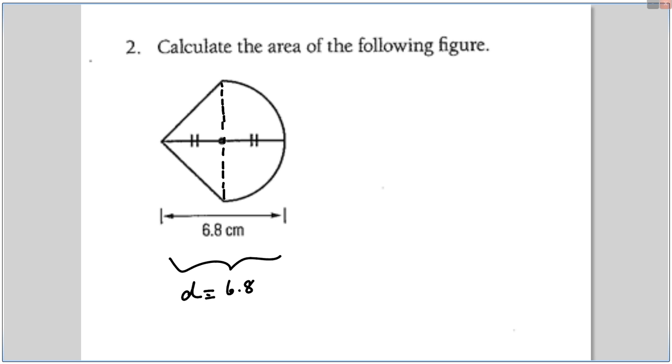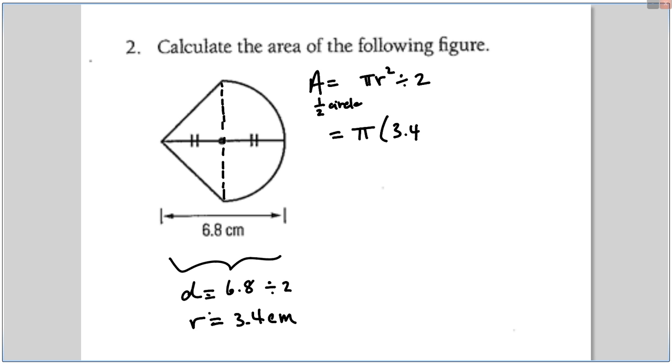So we drew this line there. We got a half circle. Area of a half circle. So pi r squared, we're going to divide that by 2. They gave us the diameter, 6.8, so divide that by 2 to get the radius. 3.4, good. So in our formula, we'll take 3.4, we'll square it, and then we'll times by pi, divide by 2.